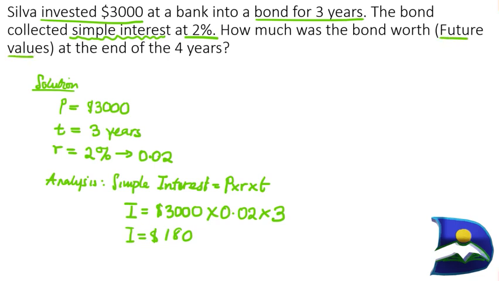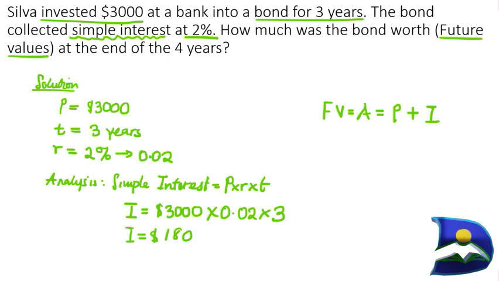$180. And once we have that interest, our next question is, what is the future value after 3 years? I actually made a mistake there, I have a typo. It's supposed to be 3 years, not 4 years. So for the future value, the amount is equal to the sum of the interest and the principal.